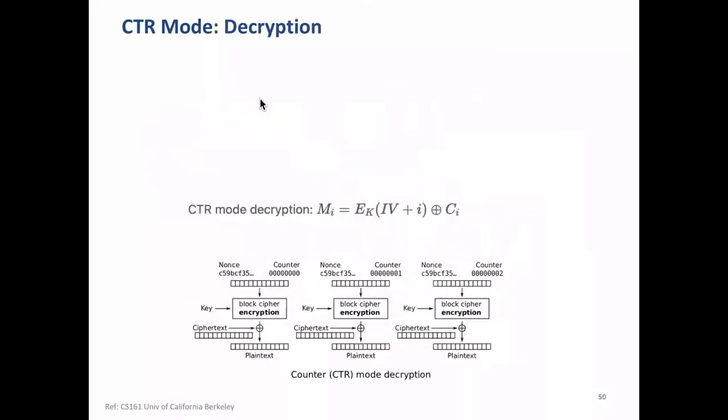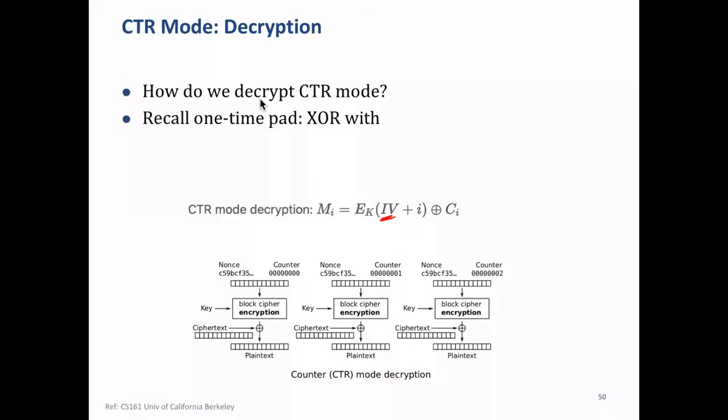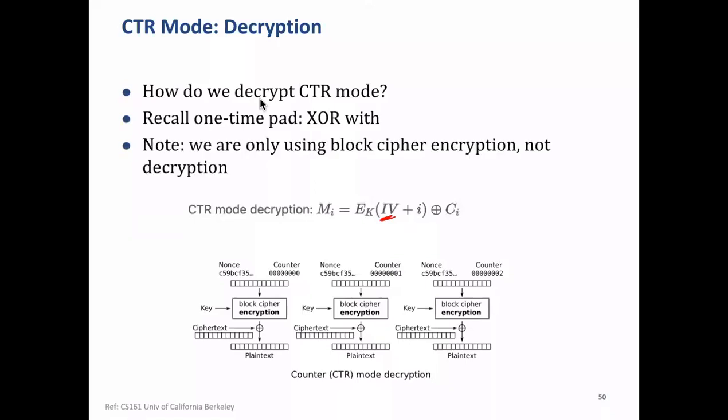All right, so decryption is similar. Note that the IV should be known at the receiving end. So what we do is that we again encrypt. We use the same nonce, which is available to Bob, at the counter value of 0.